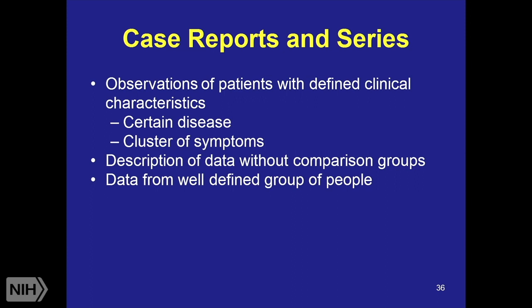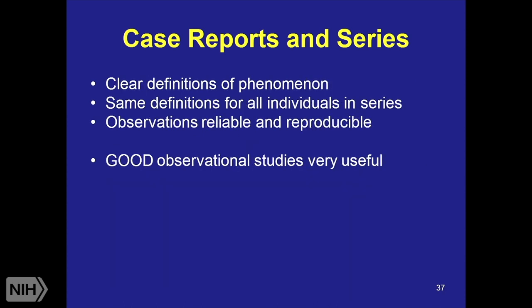A case report is going to have a description of data, typically without a comparison group. And again, though, you need a well-defined population of people. You're going to hear me say that about 20 times tonight. Why does it need to be well-defined? Well, you need to have clear definitions of your phenomena because other people are now going to read this report, read about this series of cases that you saw, and try to see if they have that same group.